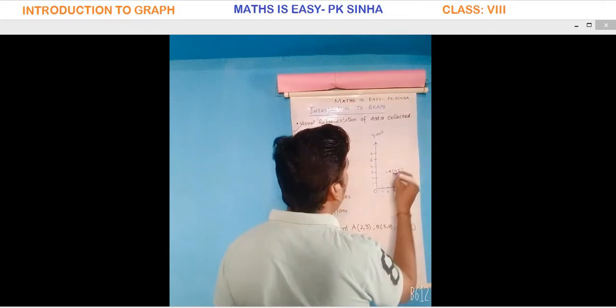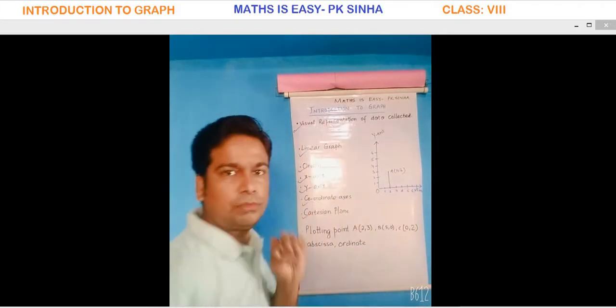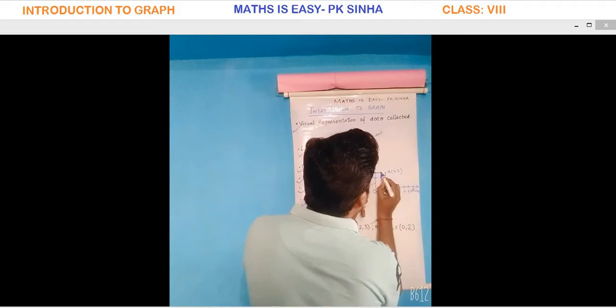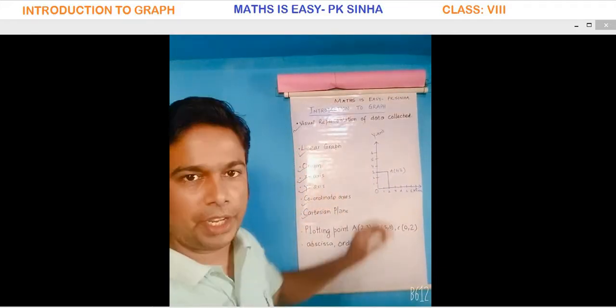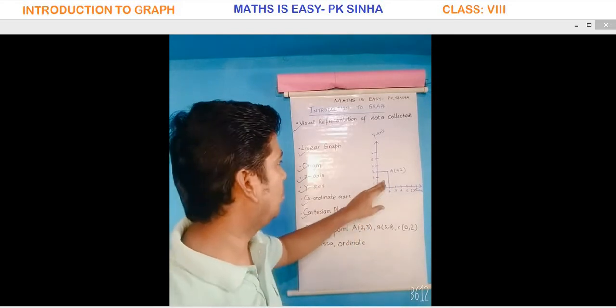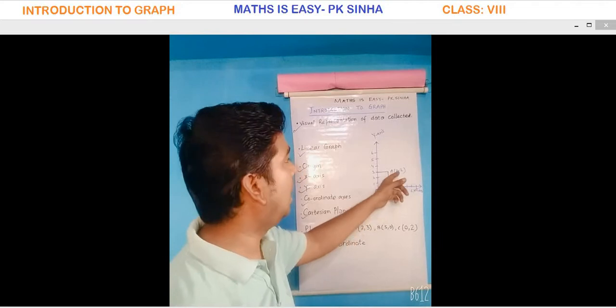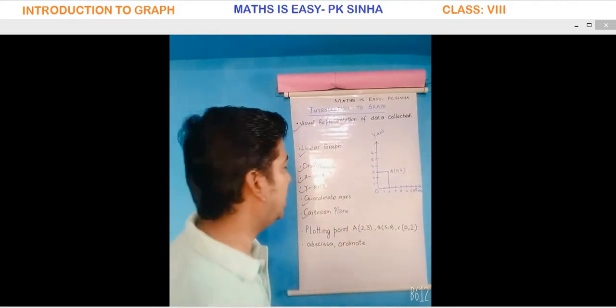If a perpendicular is drawn from A on the x-axis, we will see it is 2 units distance, and a perpendicular drawn on the y-axis is 3 units. So A is a point whose location is 2 units on the x-axis and 3 units on the y-axis.